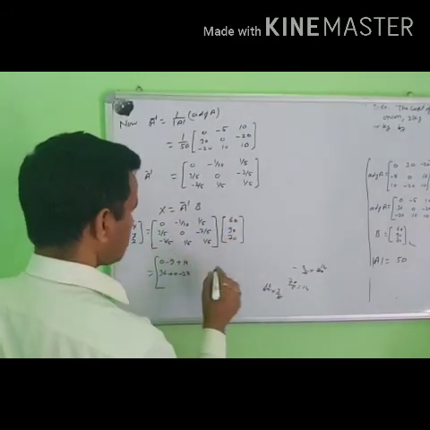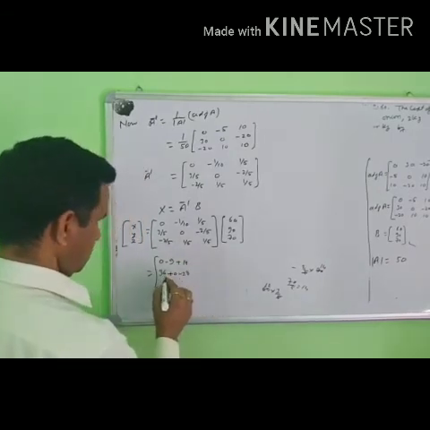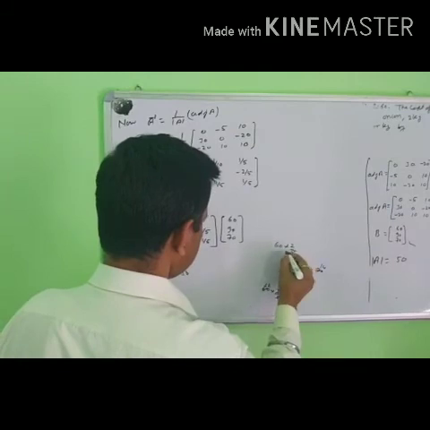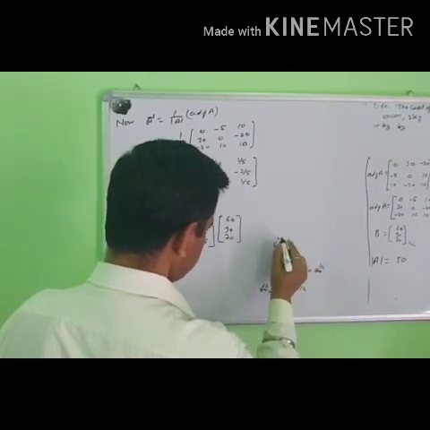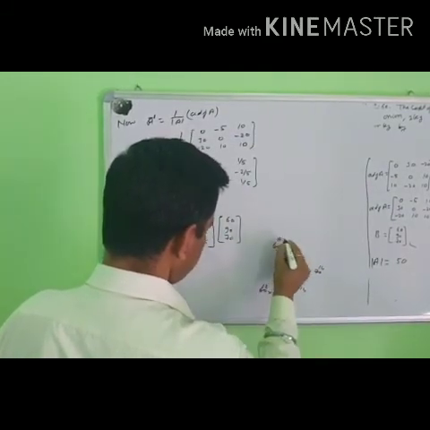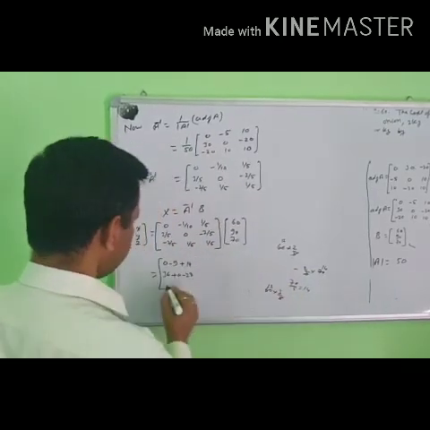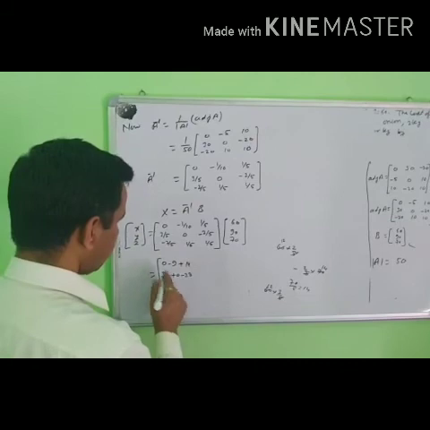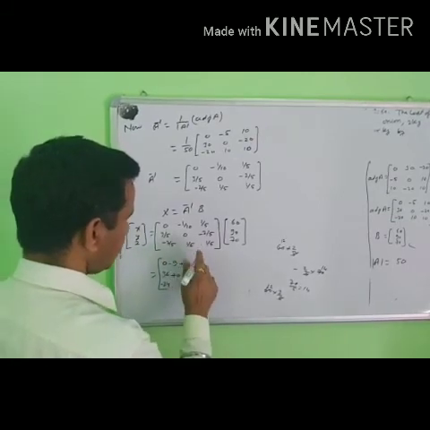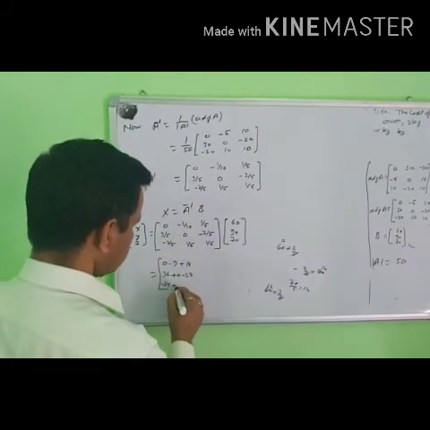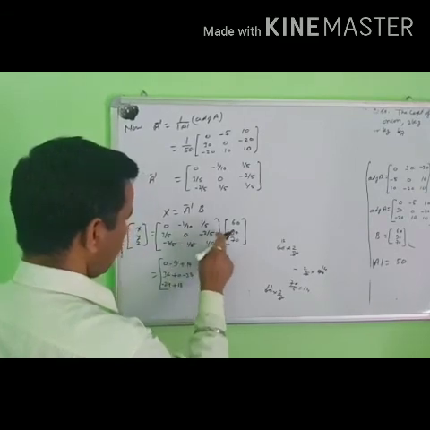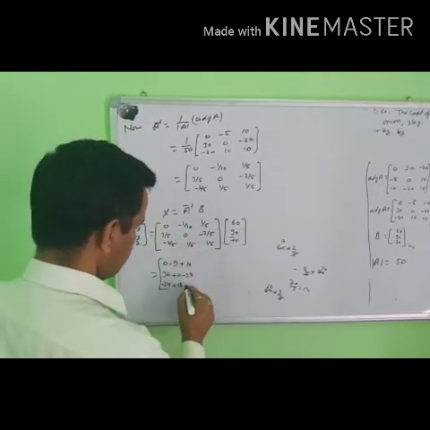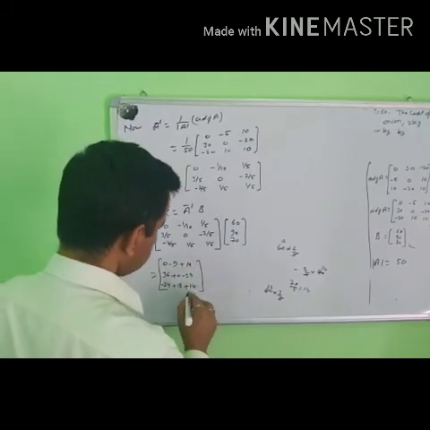Next, third row: minus 2 by 5, so 60 into 2 by 5 is 24, minus 24, and here 90 by 5 is 18, plus 18, and plus 14.